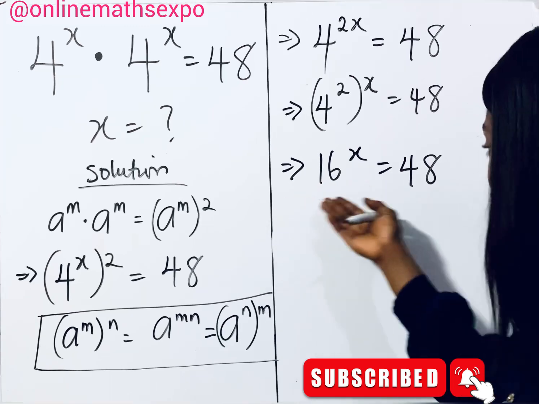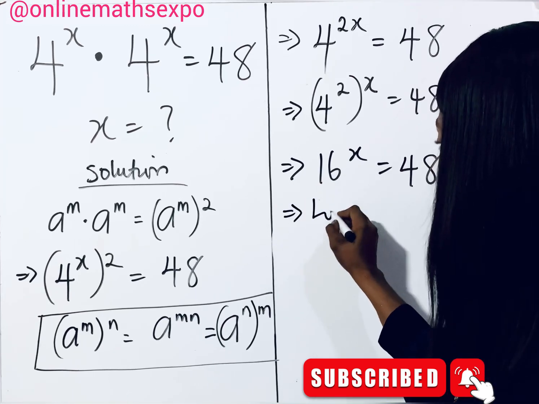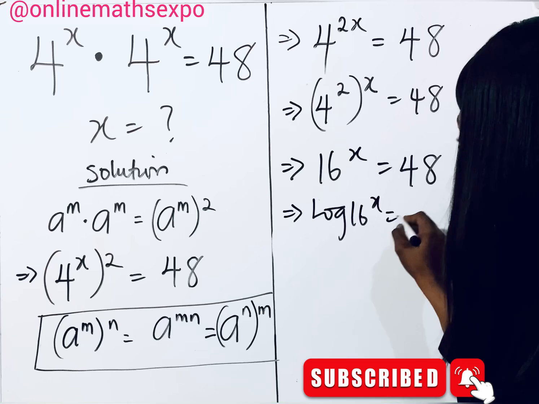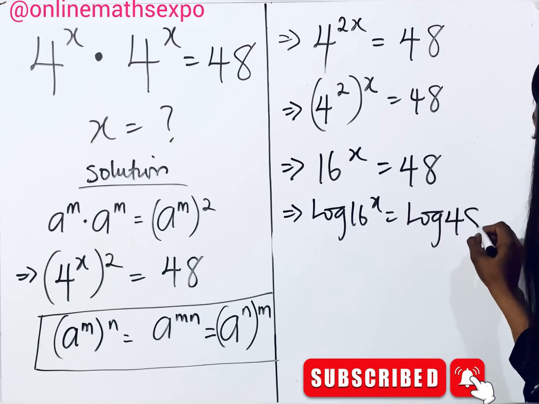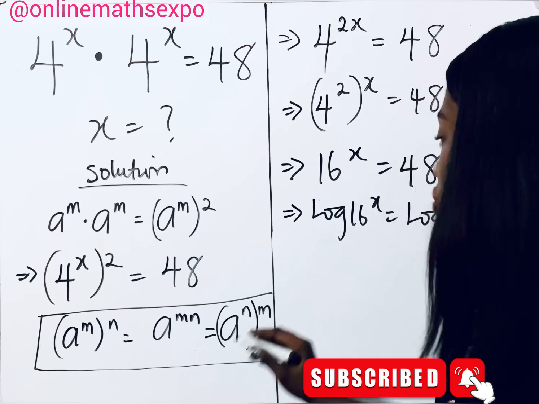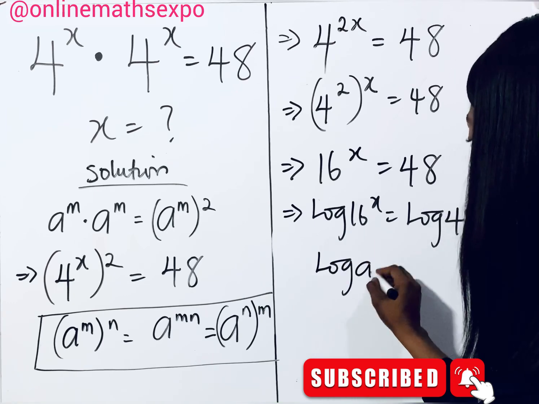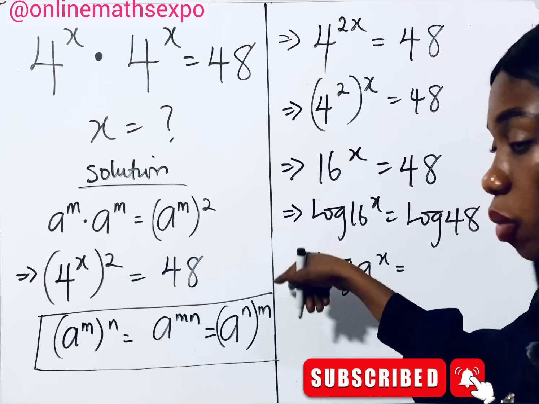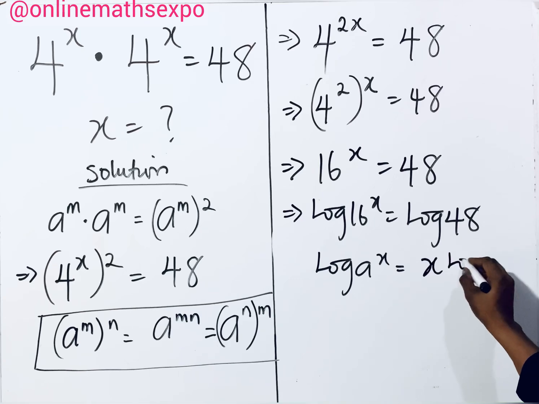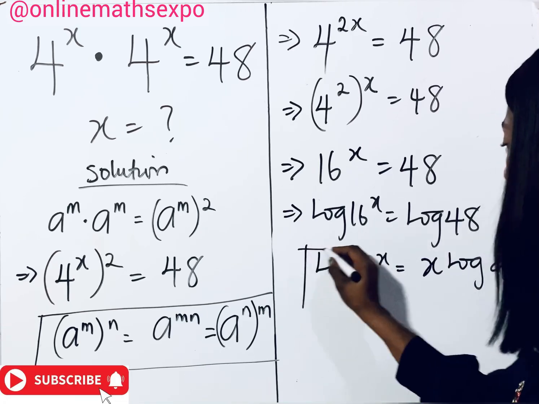Now, just take the log of both sides to have log of 16 to the power of x is equal to log of 48. Now remember this rule, that if you have log a to the power of x, the power multiplies the log, so it's giving you x log a, okay? So this is our guide.